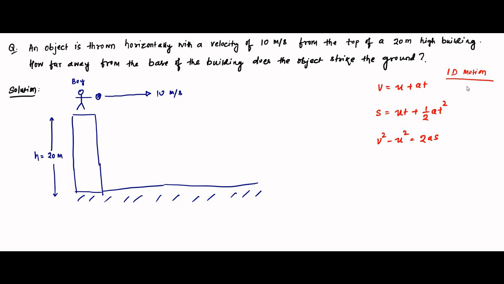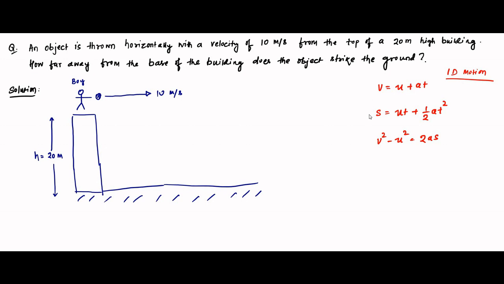But in two-dimensional motion or motion in a plane, motion happens along two directions. Two position coordinates change, whether it can be x and y, y and z, or x and z. Any pair of coordinates changes. So here we have to split it into two parts.